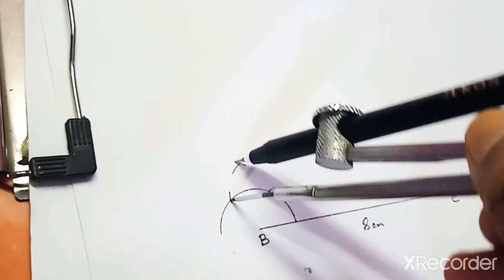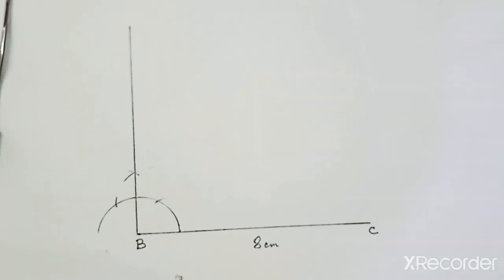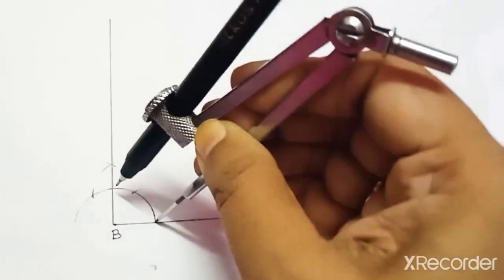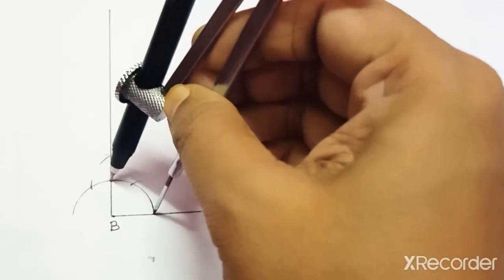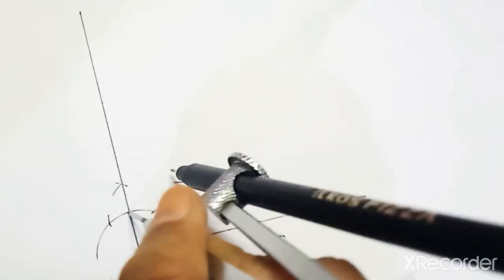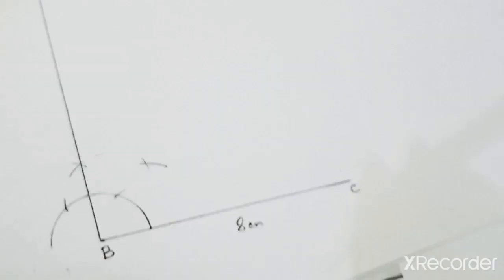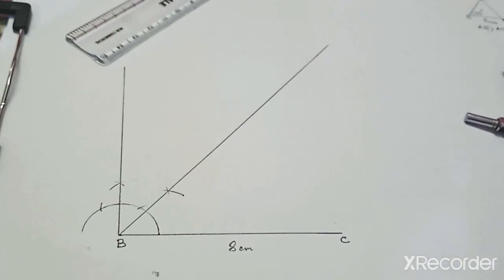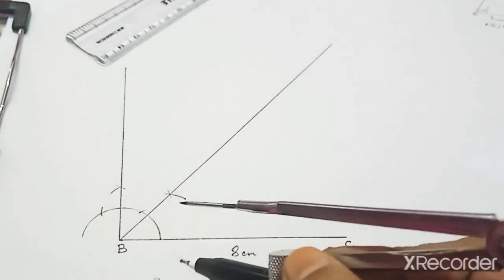Then 120, then half of that, that is 90 degree, like this. Now for 45 degree we will measure the angle and then take the angular bisector of this 90 degree. Okay, so in this way you will get 45 degree.